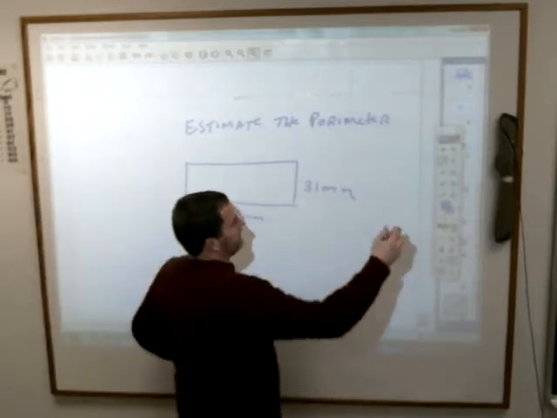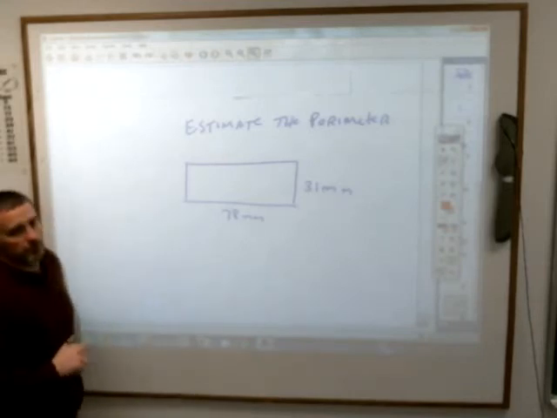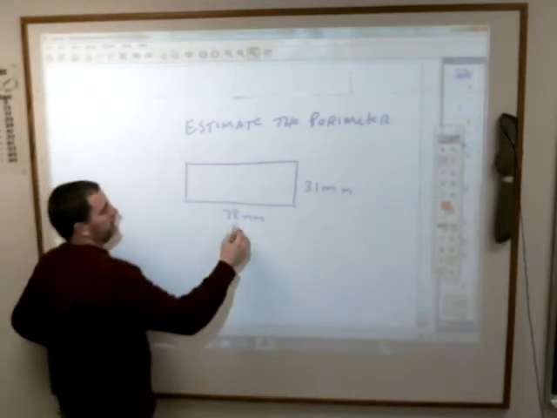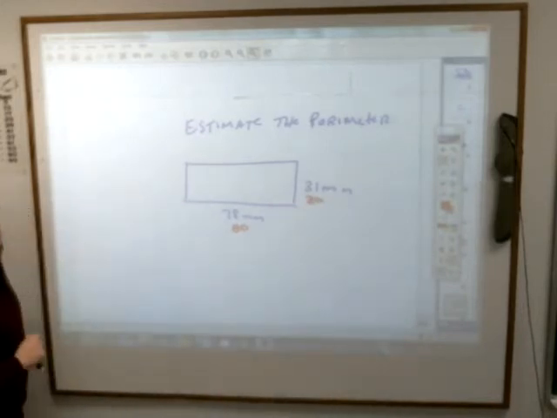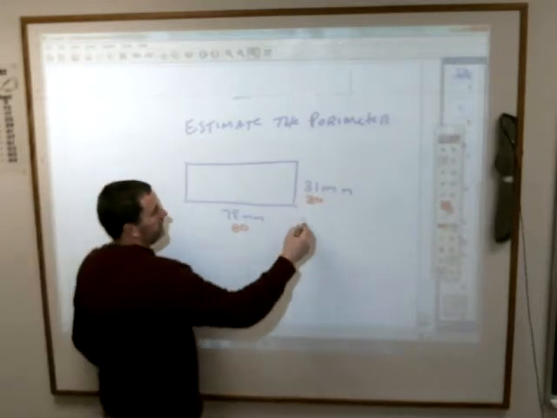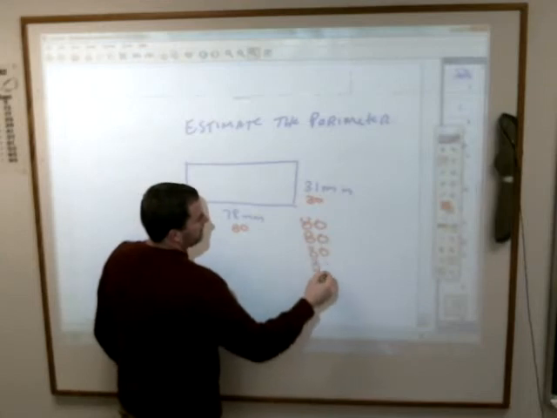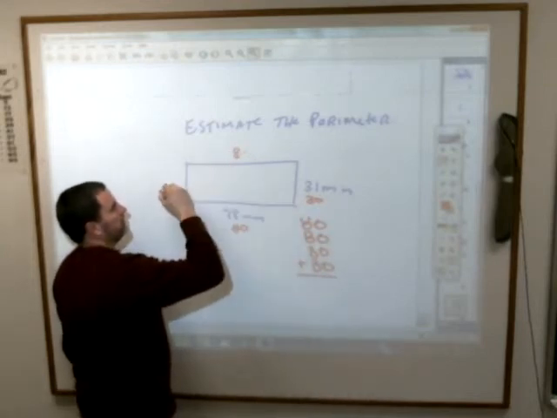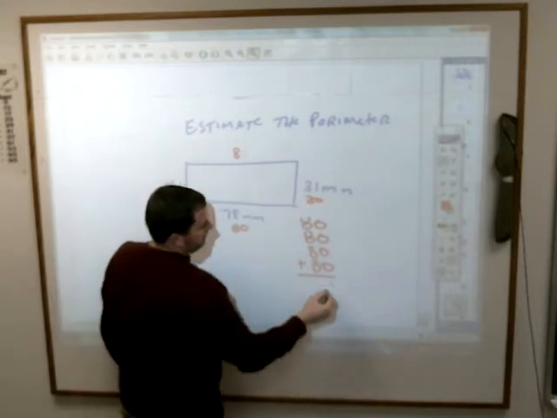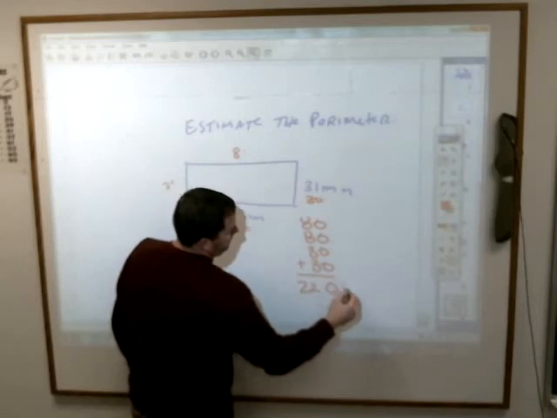Now, if I'm estimating the sum, what am I gonna do? 78 is probably gonna change to 80, and 31 would be 30, and what does perimeter mean? Around the whole thing. Around the whole thing, so I have what, 80 plus 30 plus 30. Because you have an 80 up here and a 30 here, adding them all together, you end up with 220 millimeters.